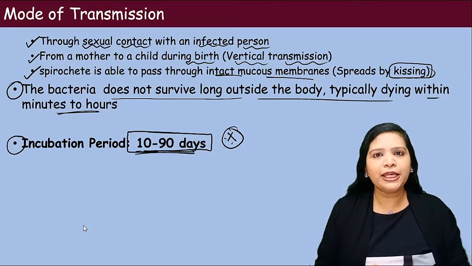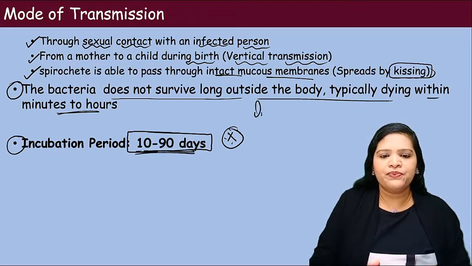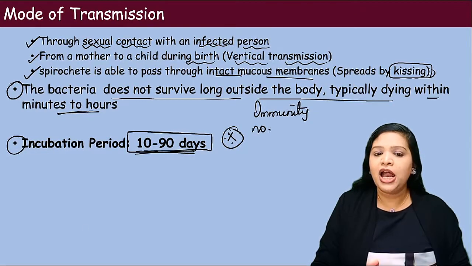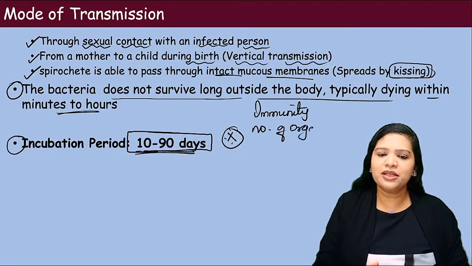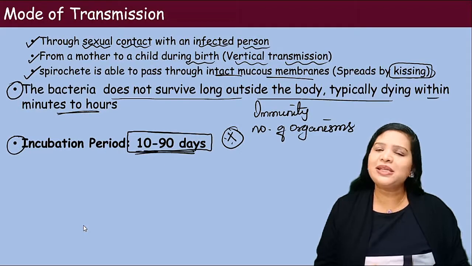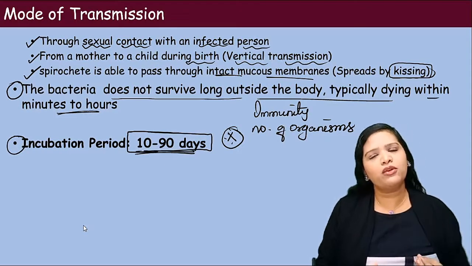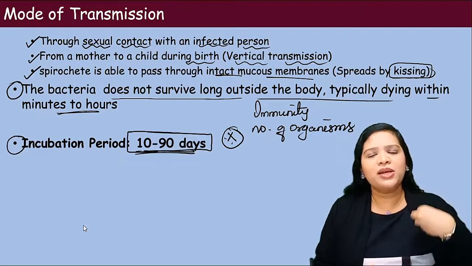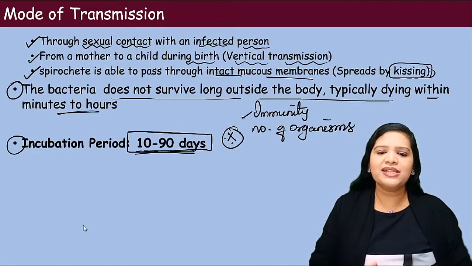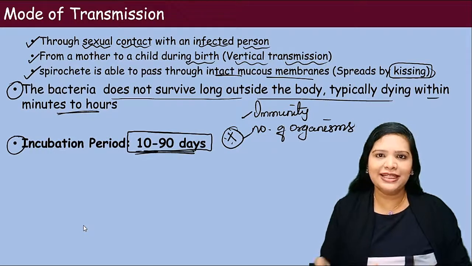That depends upon the immunity of a person and the number of organisms that enter. If a large number of bacteria enter, they escape from the immune system and cause symptoms immediately, within 10 days. If few organisms are there, they slowly multiply and then it starts its first symptoms. There are several factors for this variation in the time duration.